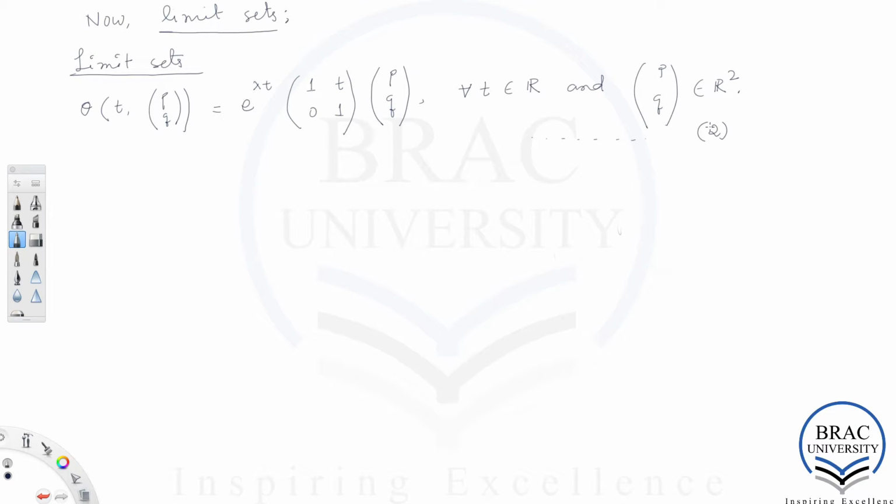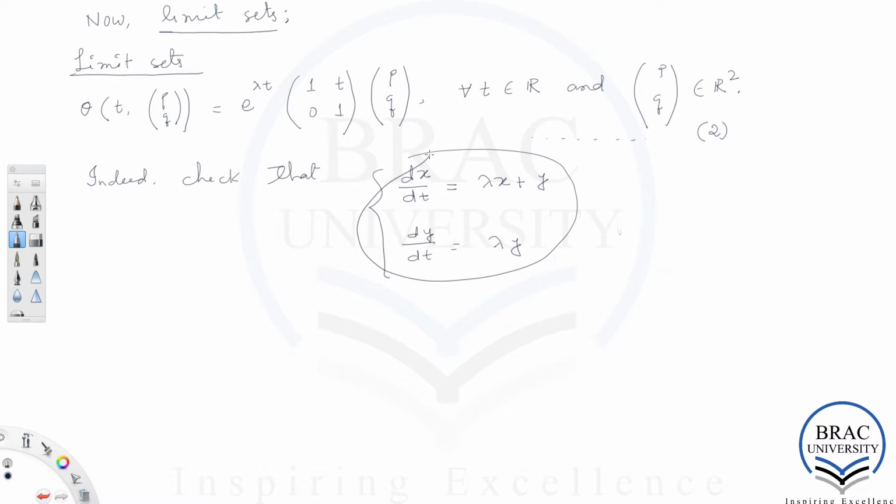Indeed, I want you to verify that if you choose dx over dt to be equal to lambda x plus y, and dy by dt is equal to lambda y, then you see that this is nothing but our governing system. dx over dt is equal to f of x, because this is a vector equation.